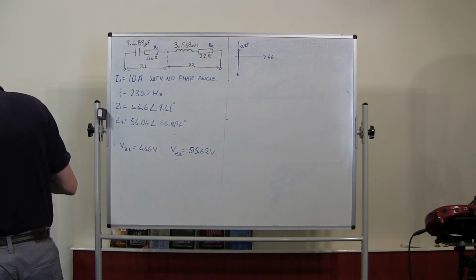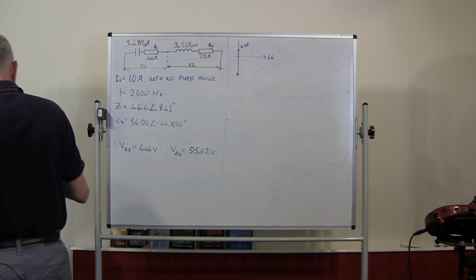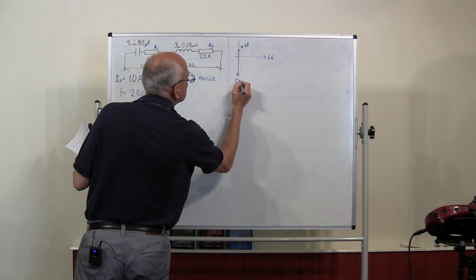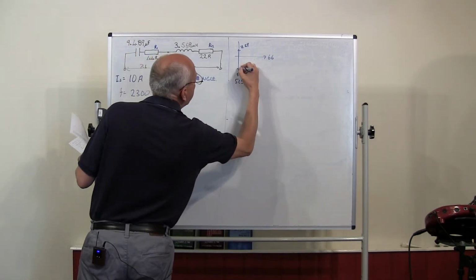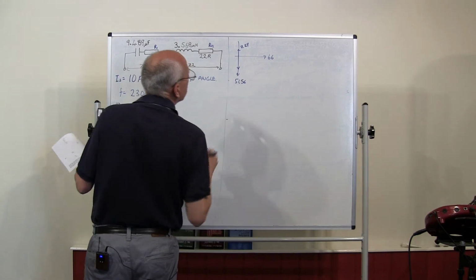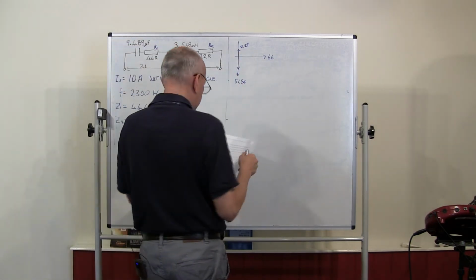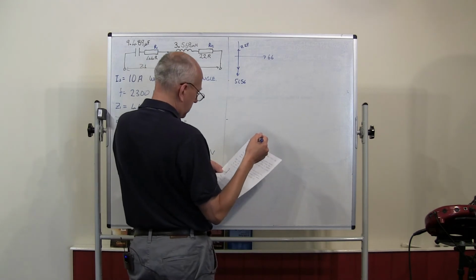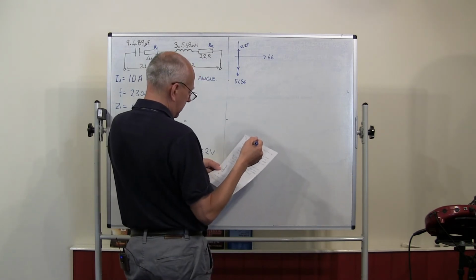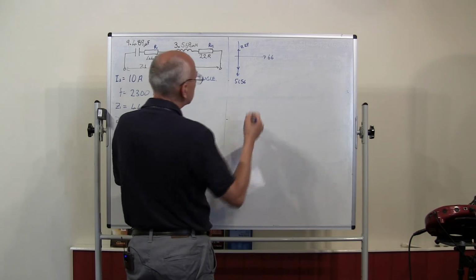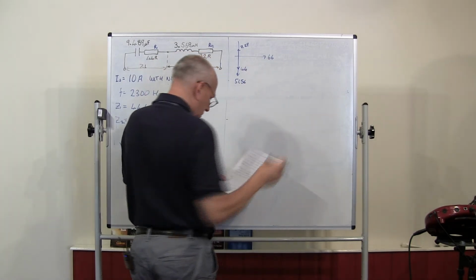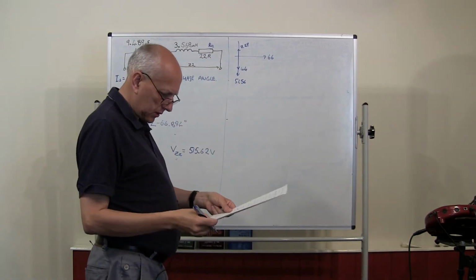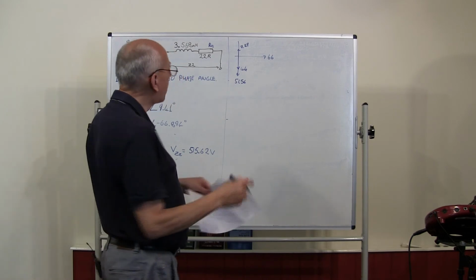That would actually be 51.56, and then the resultant's going to be there like that, because you take 7.29 from that, giving 44.27.